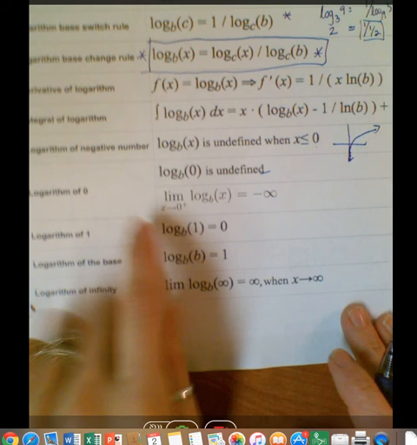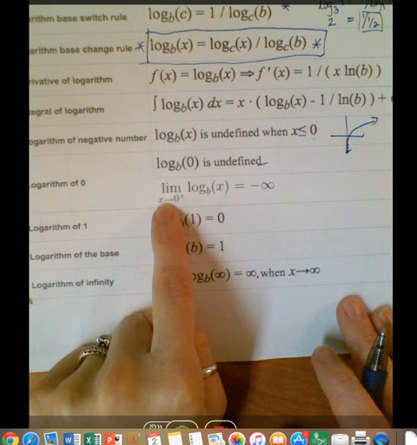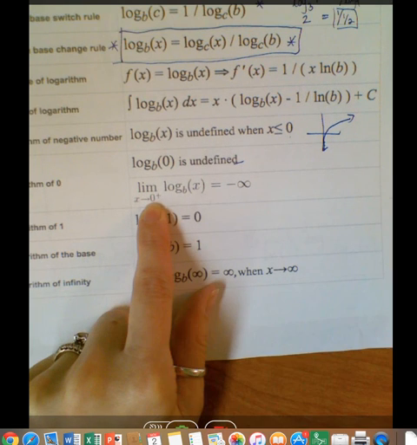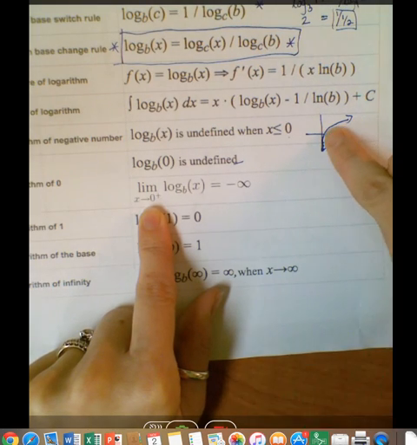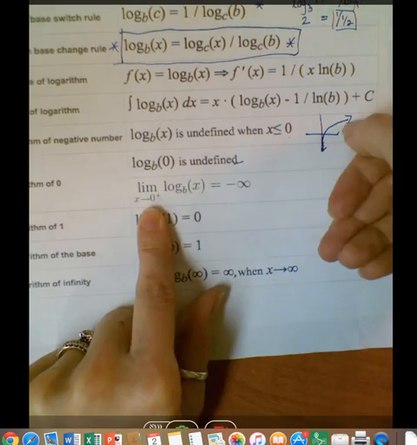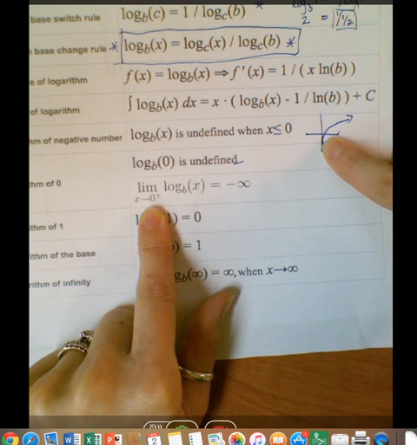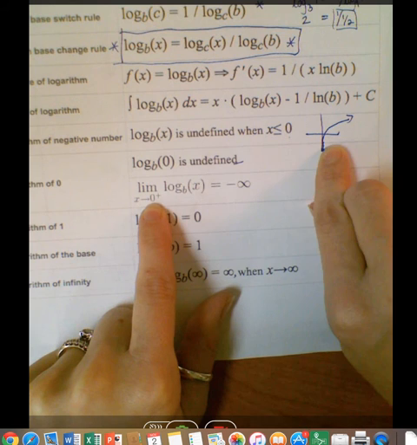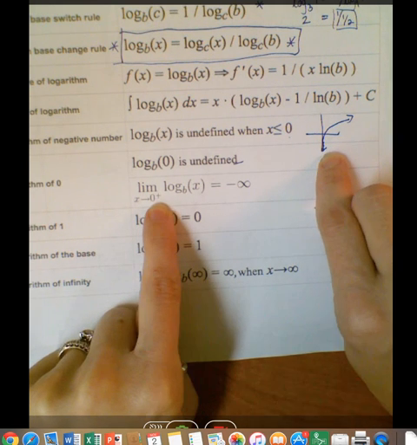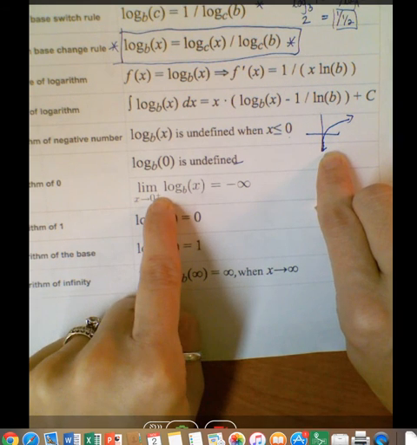As x approaches 0 from the positive side, so what does that mean? That means that as I take my finger and run it down towards x equals 0, I'm going to get closer and closer to 0, but I'm coming at it from the positive side.